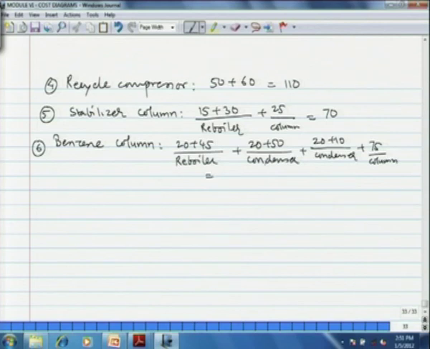This together comes out to be 240. And then if we put all these numbers in the boxes, we get the lumped cost diagram for that particular flow sheet.